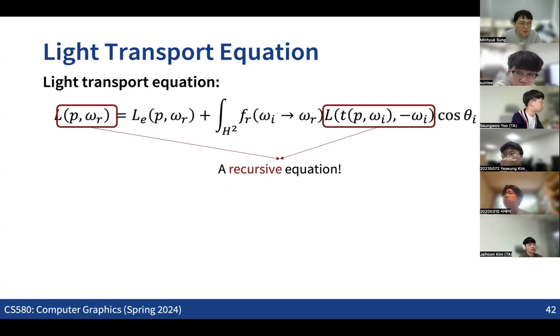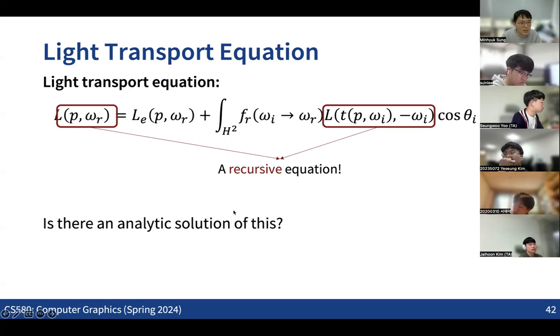So in general, is there some kind of analytic solution for this? Obviously, the answer is no. When you think about the complexity of all the light sources and the BRDFs and many other things, it would be really hard to derive an analytic solution for this kind of recursive equation. So that's why we are going to use the Monte Carlo estimate in this case.